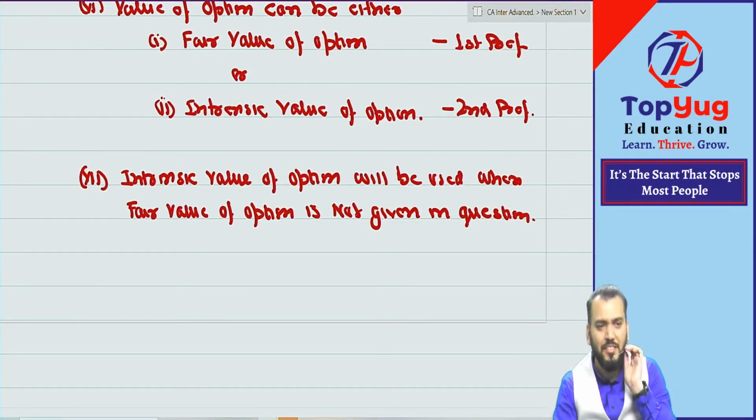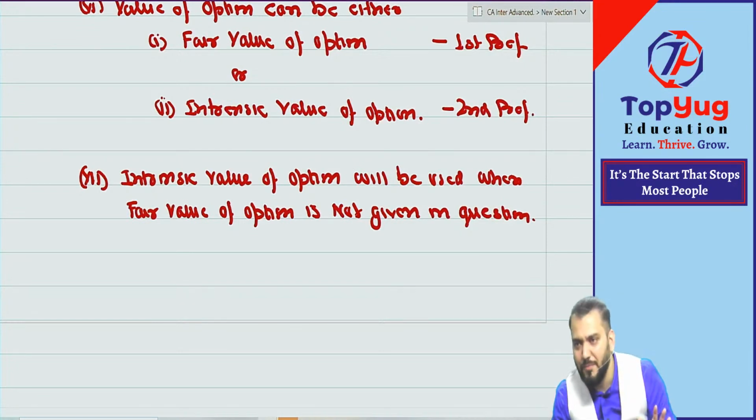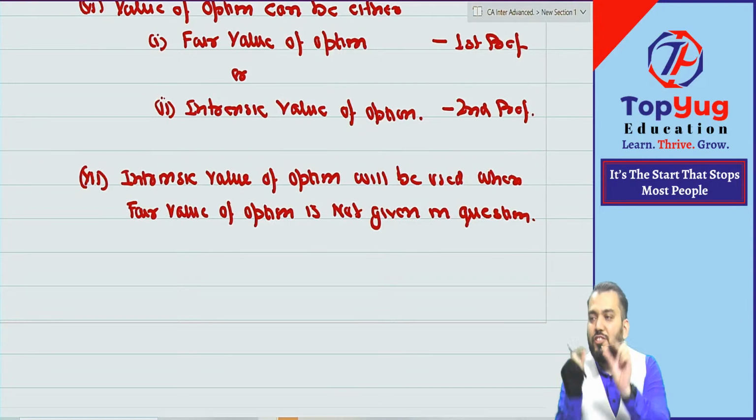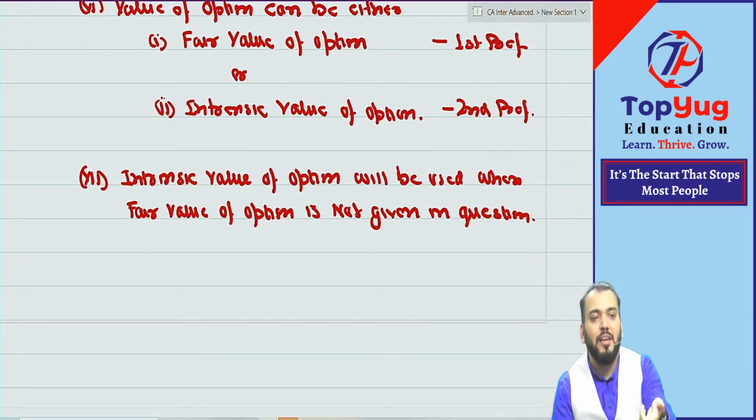But now there is a chance that they may give fair value of options also. Only the thing is that now instead of intrinsic value, you should write down fair value.